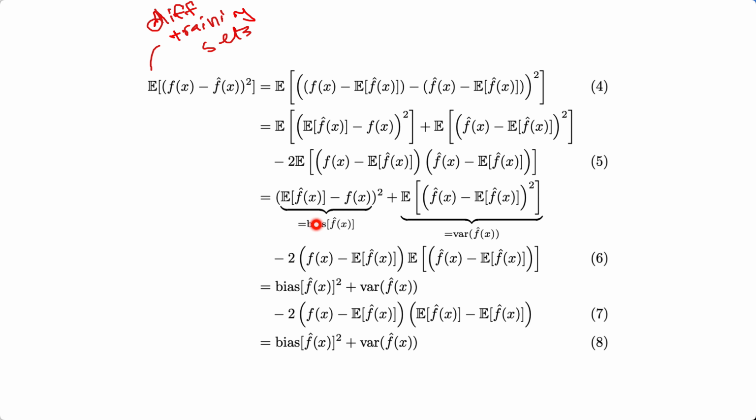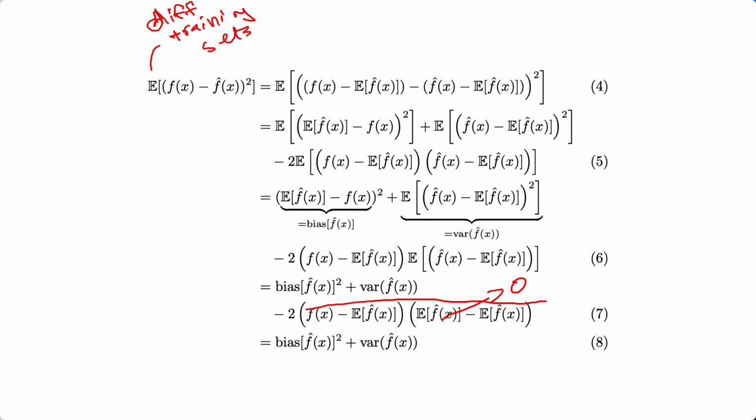Right, so this is the bias term, this is the variance term, there's this other thing here, right? And it turns out that this other thing is something that we can fundamentally ignore, right? Because we also have essentially a constant here, right? Because when you get it down to this form, not only is it a constant, but this term is this minus the same thing, that is, that goes to 0.